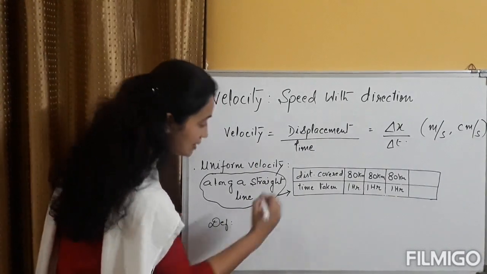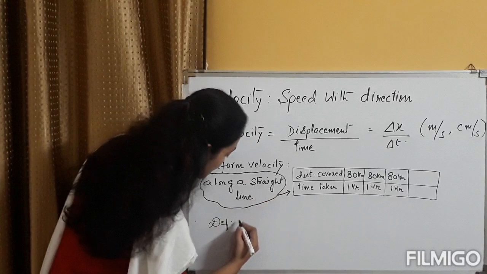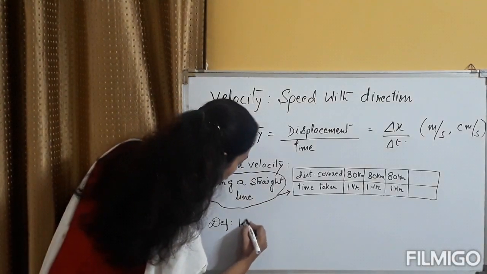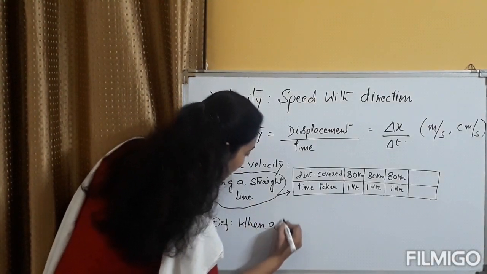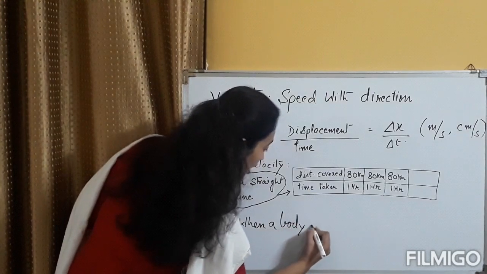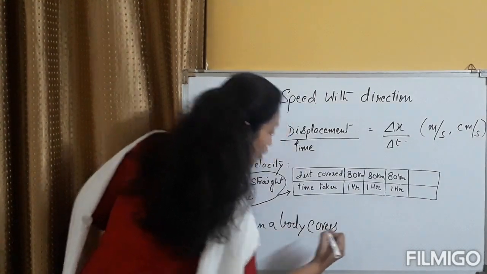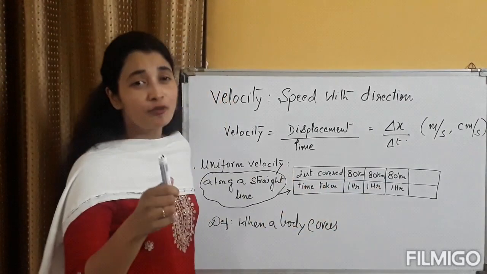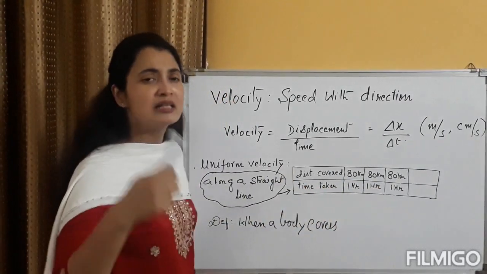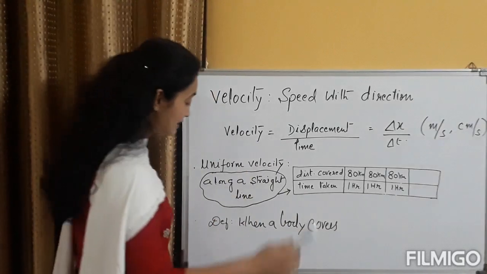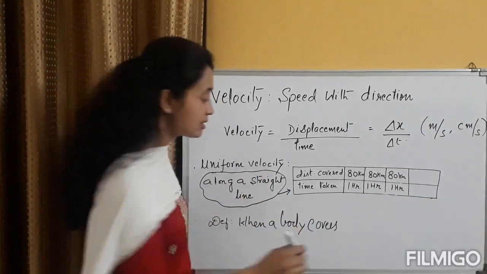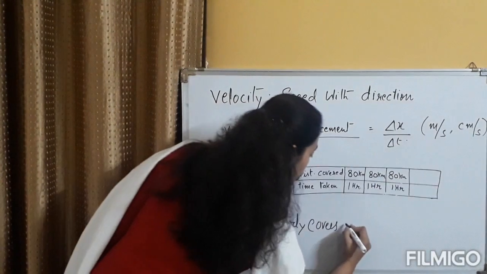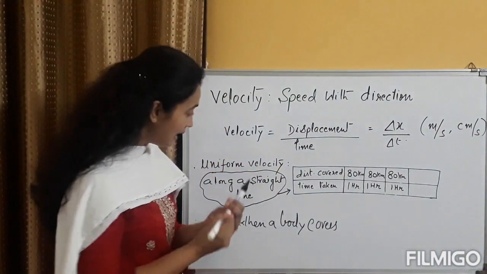Yes. Uniform velocity is when a body covers what type of distances? 80, 80, 80. It's not fixed. You can take any other value, 90, 100, whatever suits you. It's just an example. When a body covers, but all these values are equal. So, let us highlight the key terms.